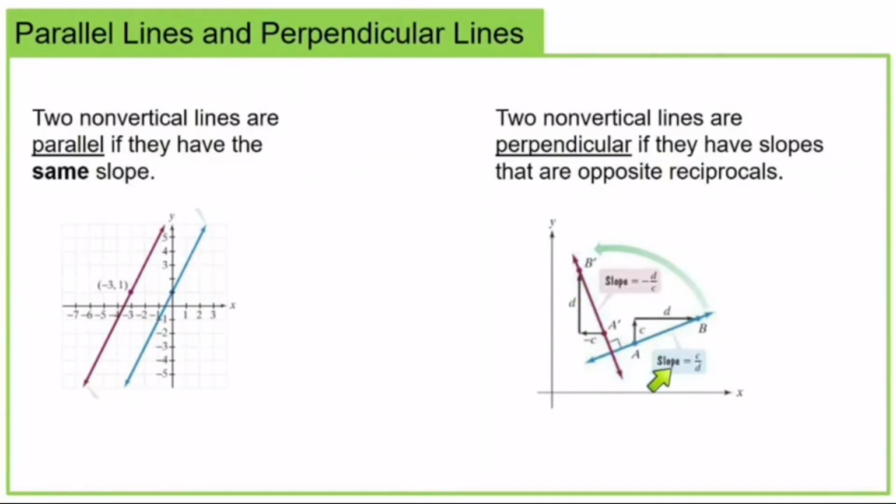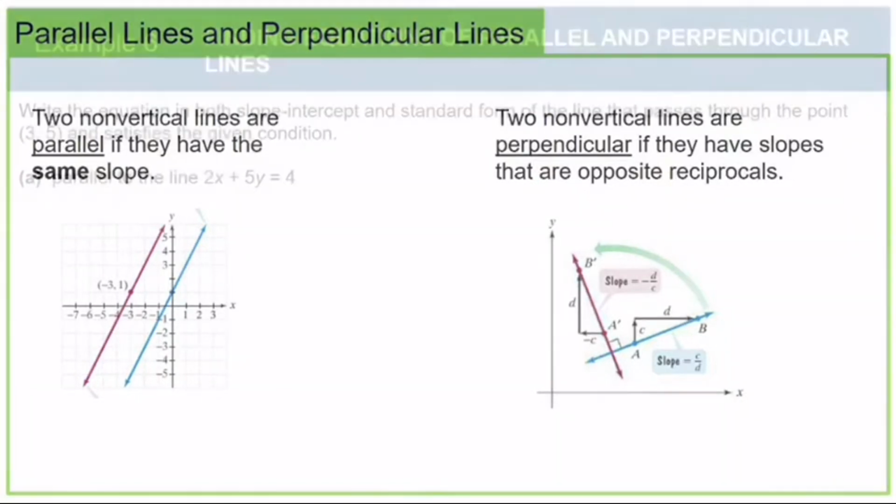So this blue line has a slope of c over d, but this red line has a slope of negative d over c. So you see that they are opposites in sign. One's positive and one's negative, but they also are reciprocals. So two perpendicular lines will have slopes that are opposite reciprocals.